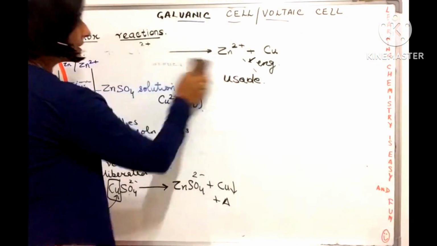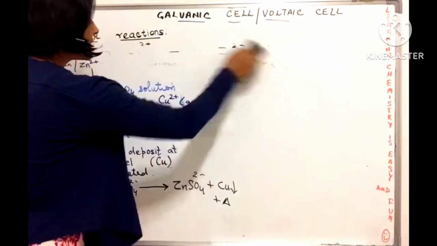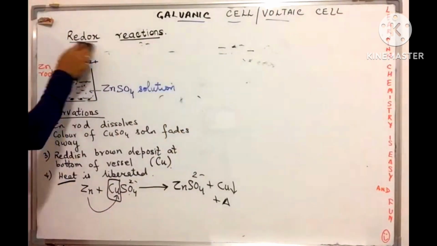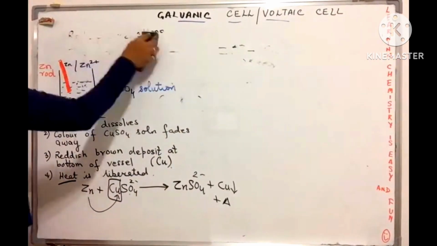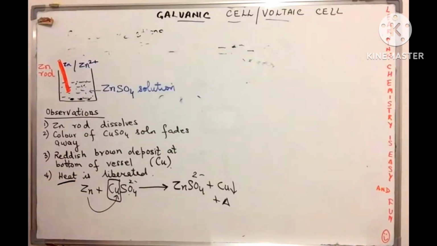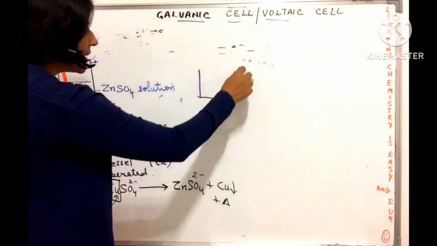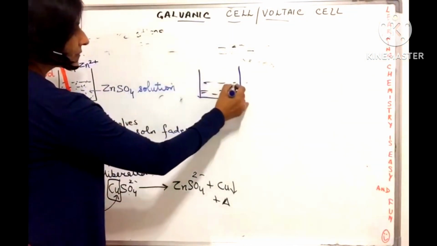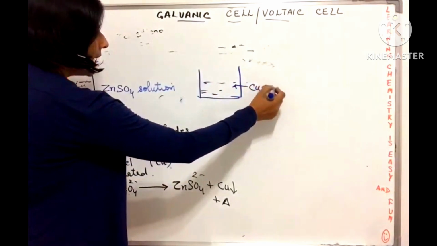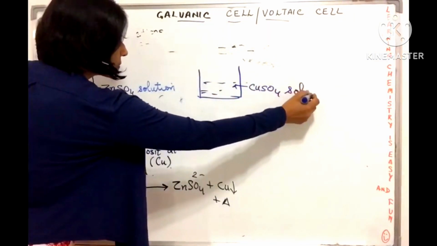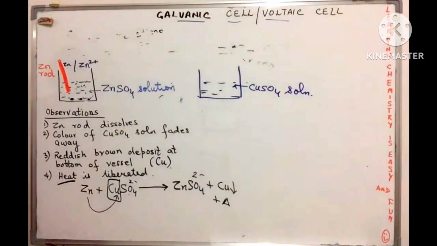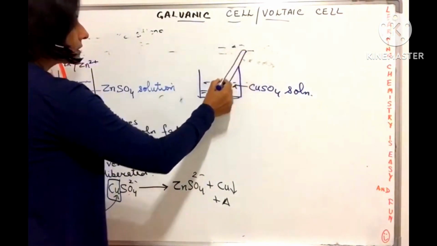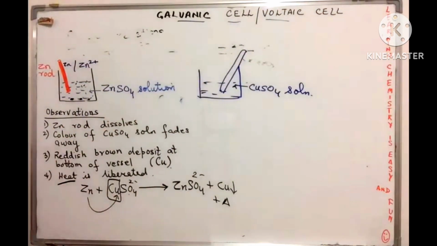What we are going to do is, we will get another beaker. Okay, so let's connect another beaker over here. Wherein, what do we do now? So we have a beaker in which we will take copper sulfate solution, it is aqueous copper sulfate solution, and we will immerse a copper rod in it.